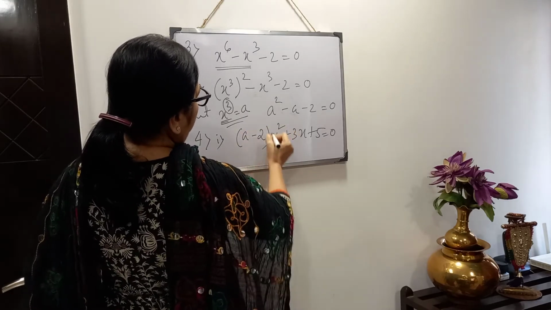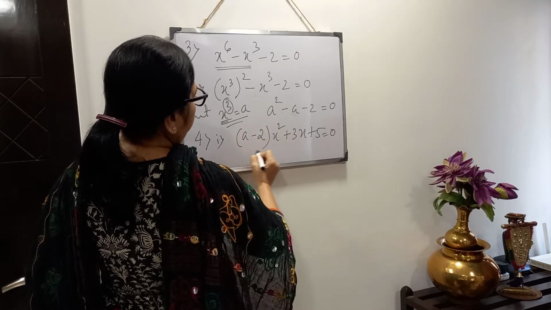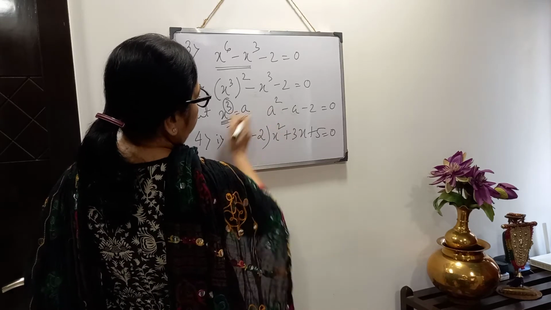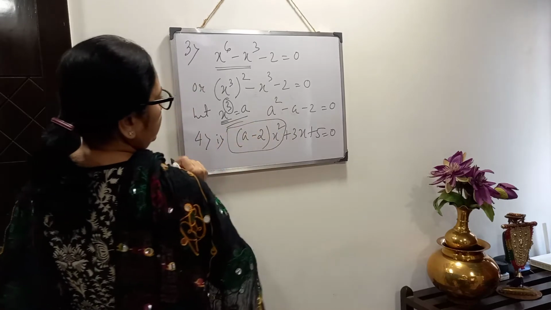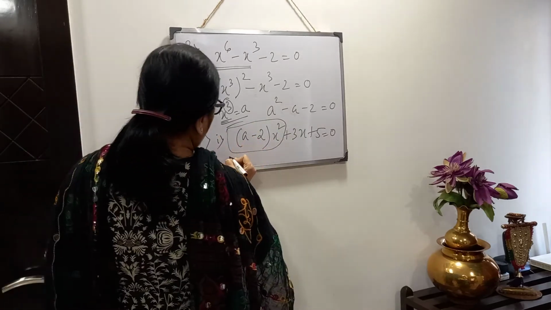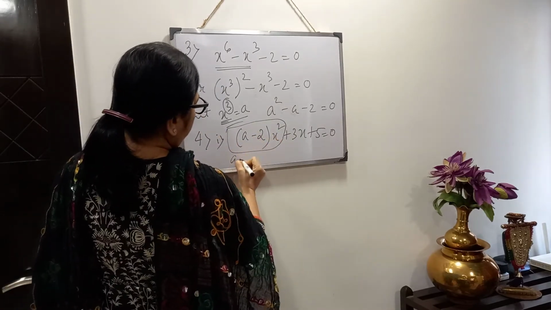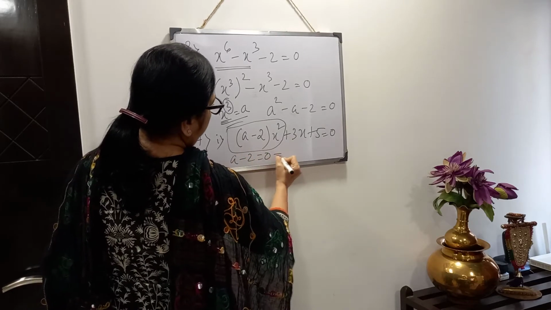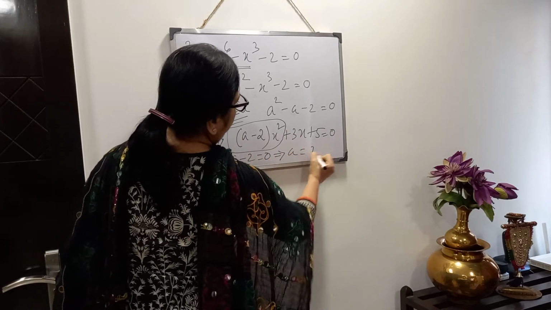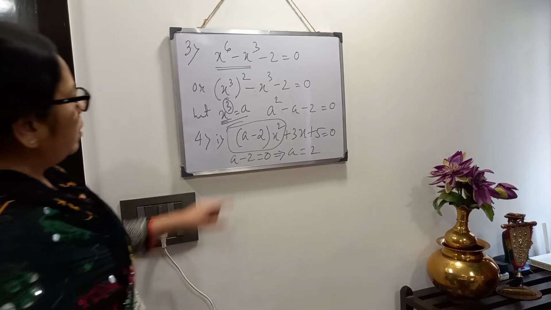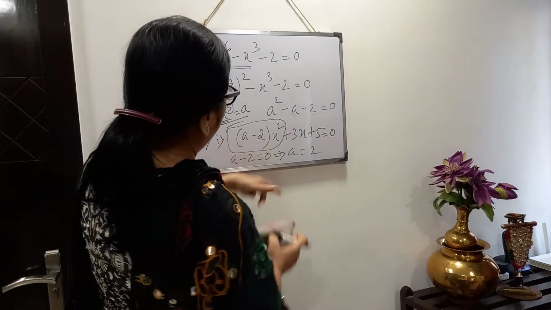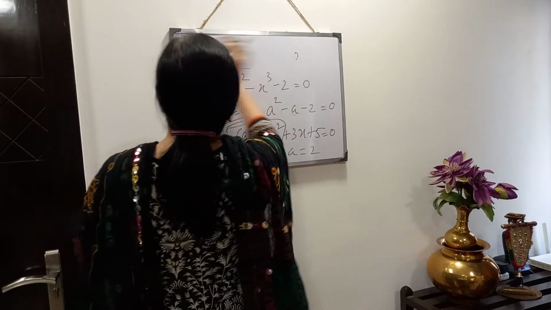When this will be 0, coefficient of x square will be 0, then this term will be vanished. So that time it will not be a quadratic equation. Clear? So for A minus 2 equal to 0, that means A equals to 2. A equals to 2, it will not be a quadratic equation. Clear?